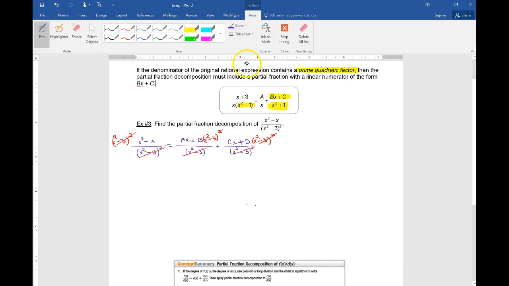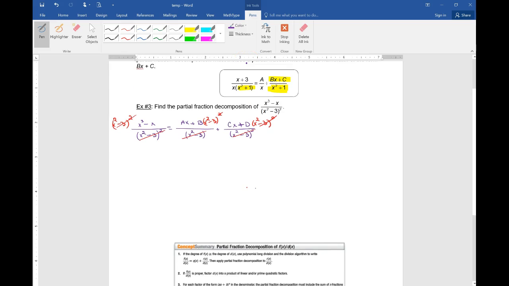All right, next, I have x cubed minus x equals ax plus b times x squared minus 3 plus cx plus d times nothing, okay? All right, we FOIL, and we're going to do exactly what we did for the last problem that we had started last week.